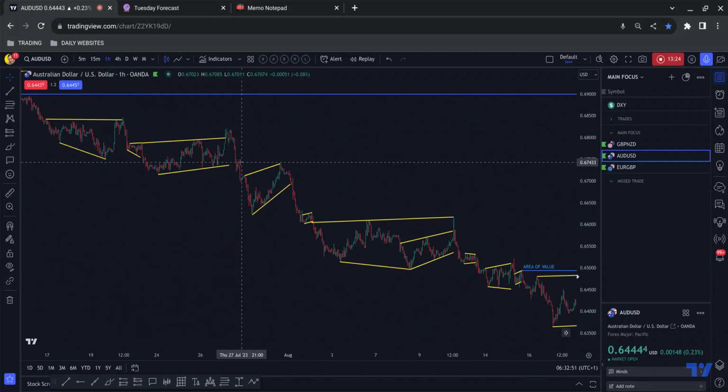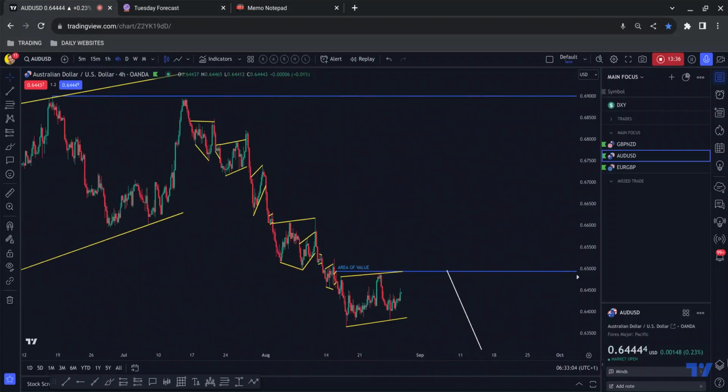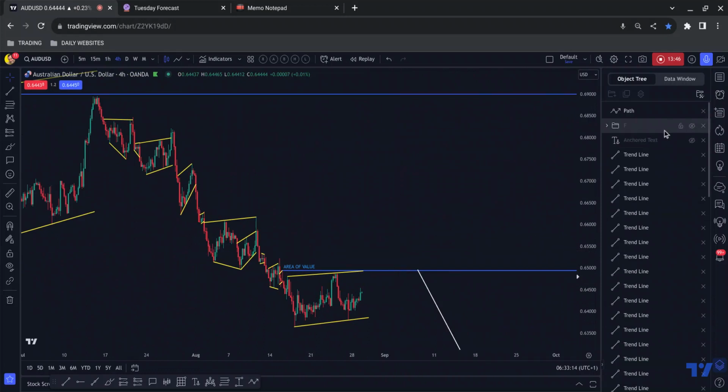There's actually another tight correction there, into a slightly larger one, into a tighter one, into a larger one, into a tighter one, into a larger one, into a tighter one, into a larger one. Okay, so you've got a very nice sequence of corrections there, and the more that happens, typically speaking, the more reliable the sequence on the way down, the more likely the next correction is to be reliable as well.